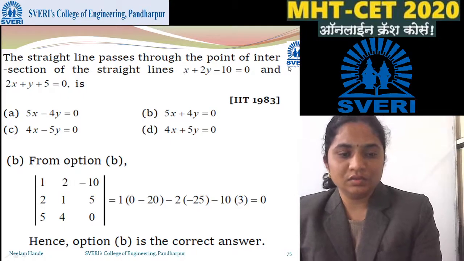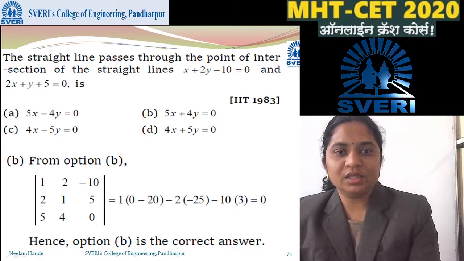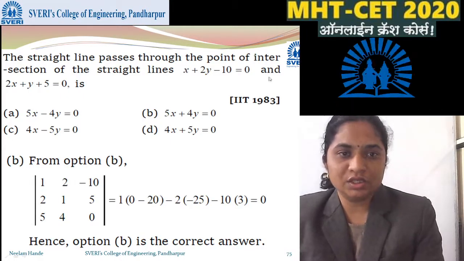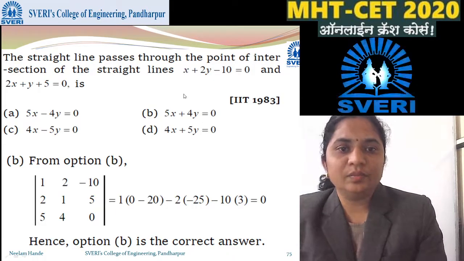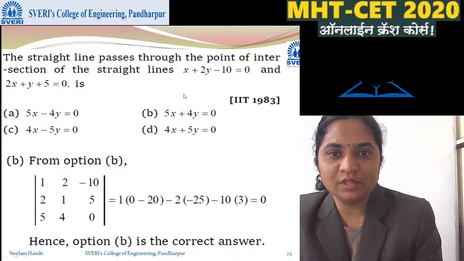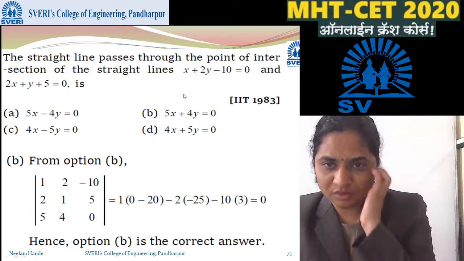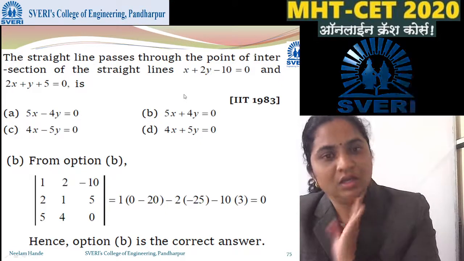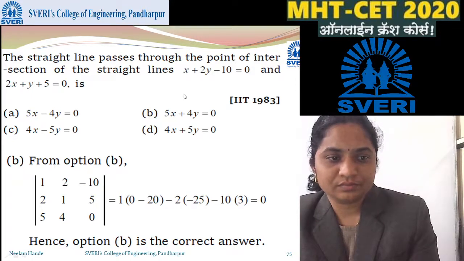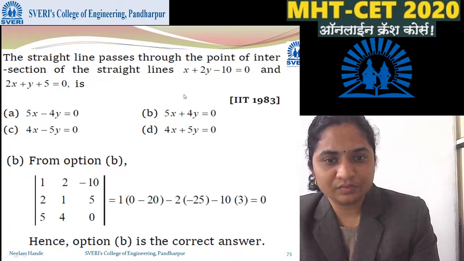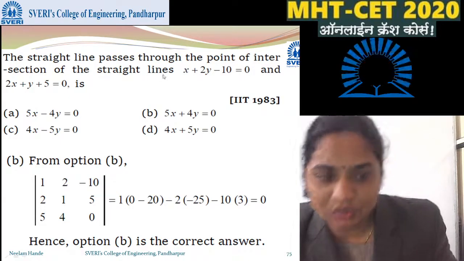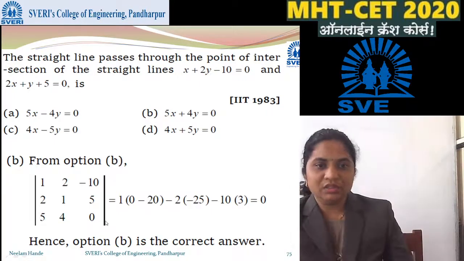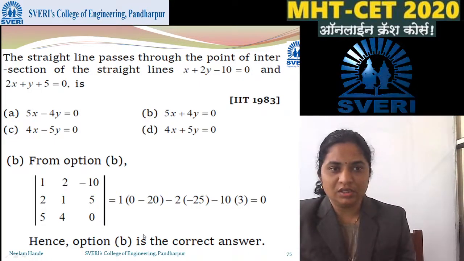Next question. The straight line passes through the point of intersection of the straight lines. These are two straight lines, and there is one more straight line which passes through the point of intersection of these two lines. Okay, so the correct option is B, because we check the determinant for these three lines, with A1, B1, C1, A2, B2, C2, A3, B3, C3.